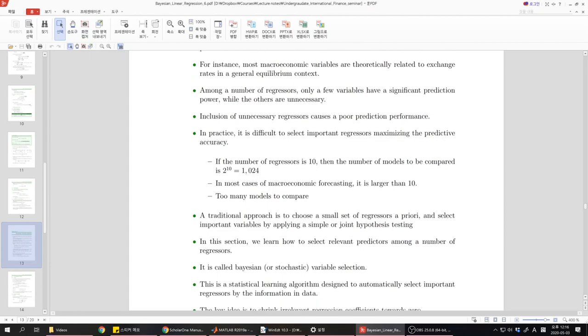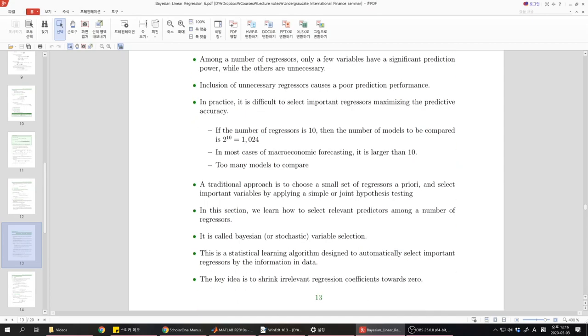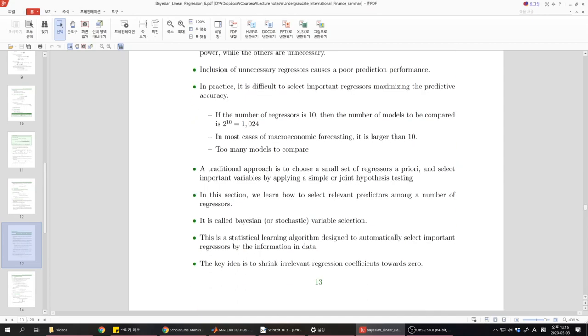One of the most popular approaches is the Bayesian or stochastic variable selection method. The key idea is that usually we choose a particular set of regressors and then choose important or relevant regressors by using simple or joint hypothesis testing.